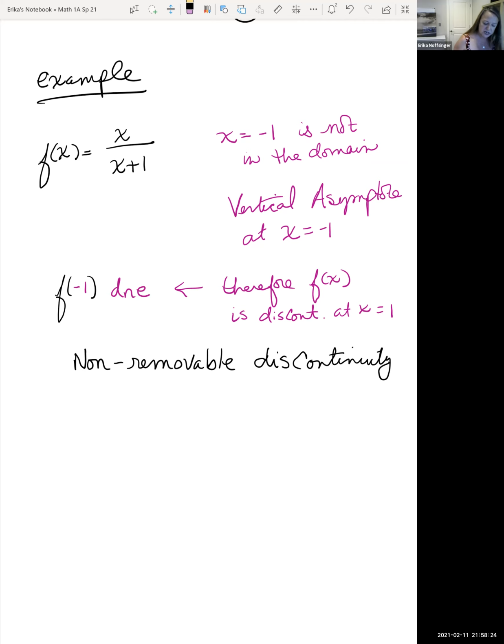Really, from college algebra, we should be able to graph this pretty fast. If we look at it, we have a vertical asymptote at -1. Recall to figure out horizontal asymptote, you look at the degree of the numerator and denominator. They're both the same.